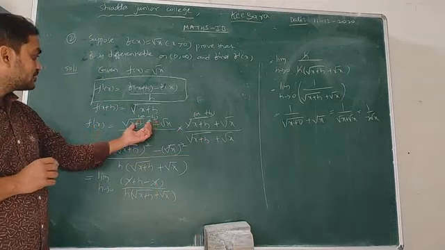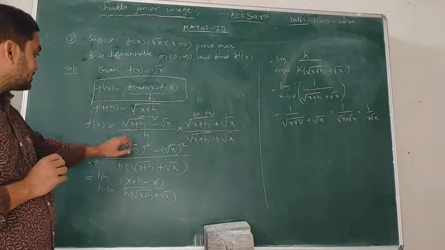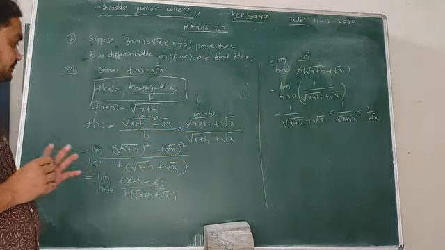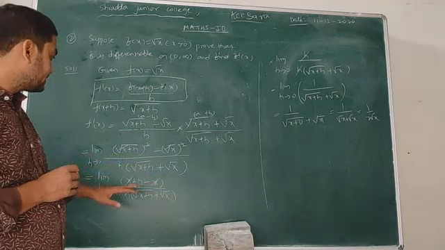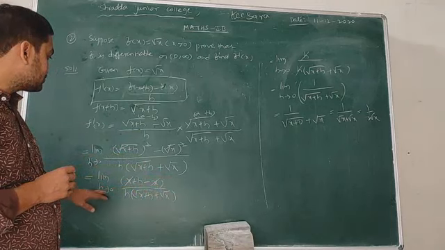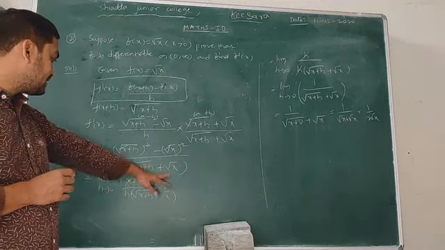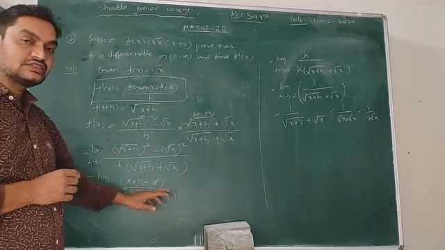Now the numerator is in which form? A plus b into a minus b. What is that? a square minus b square. So now root x plus h whole square minus root x square by h into root x plus h plus root x. And here, limit h tends to 0, the square root gets cancelled. x plus h minus x by h into root x plus h plus root x.